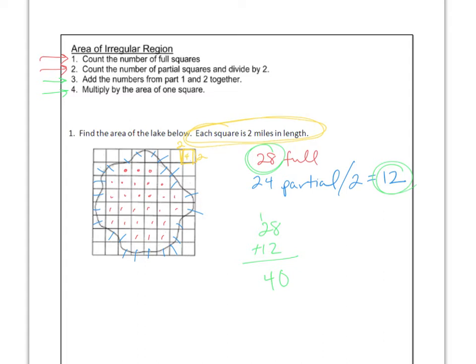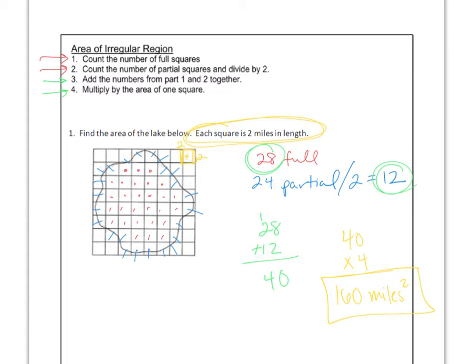So for step number 4, we're going to take our answer from number 3, 40, and we are going to multiply by the area of 1 square, which is 4. And it ends up being 160, and our label would be miles squared. So the area of this particular lake would be 160 square miles.